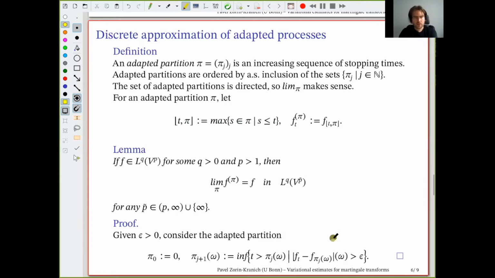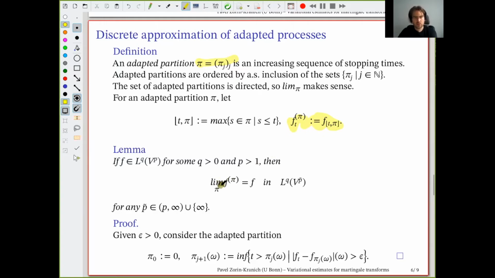So here is a small slide about how to pass from the discrete to the continuous. I don't want to say much about how you do this for integrals, but for processes this is pretty easy. If you have an increasing sequence of stopping times, then you can discretize a given process by making it constant between the stopping times. This is what this notation means.